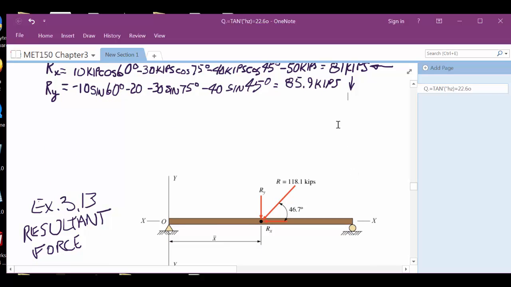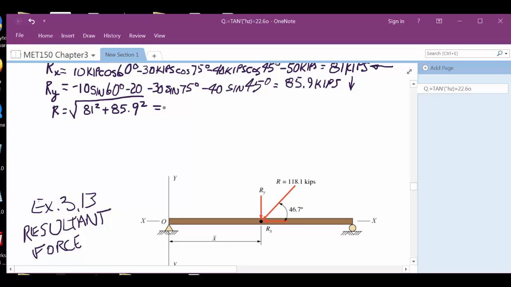So what's happening there is there are my two components. I've got an 81 kip force going to the left and an 85.9 going down. What we have to do is figure out how we're going to get this 118. Well, we go back to what we learned not too long ago, and the resultant value equals the square root of 81 squared plus 85.9 squared.